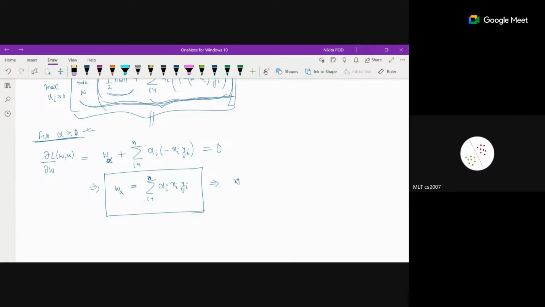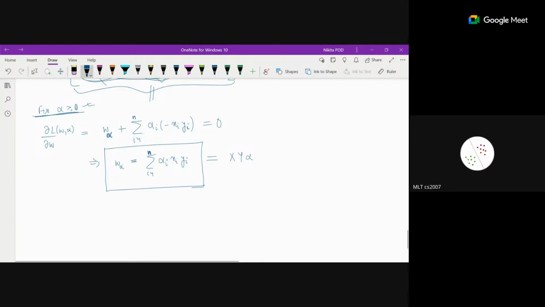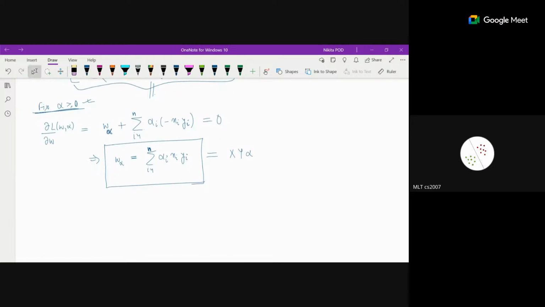If you try to write it in the form of a matrix, this term can also be written as the matrix X times Y times alpha. So this is my W. What is my matrix X?